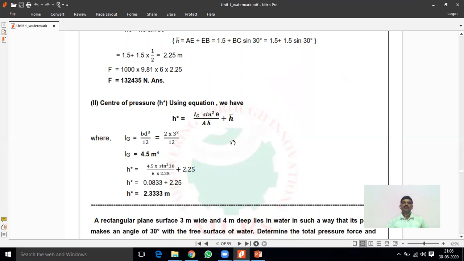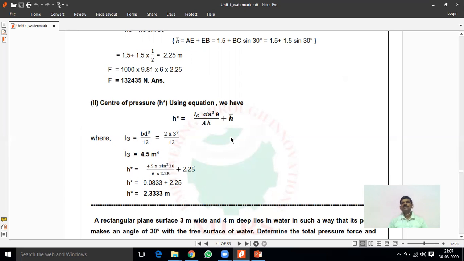Okay, so I hope all of you understand the three cases, that is vertically immersed surface, horizontally immersed surface and inclined immersed surface. Okay, so this type of problem is very much useful to determine how much pressure is developed under the fluid on a solid body.